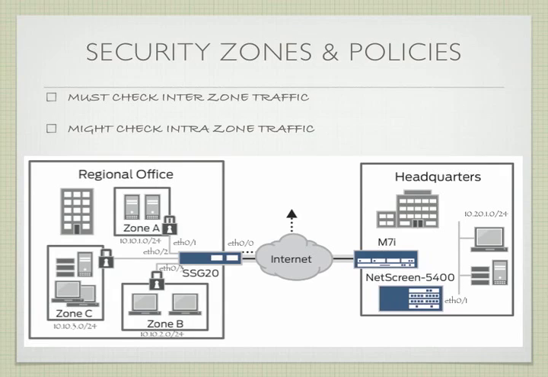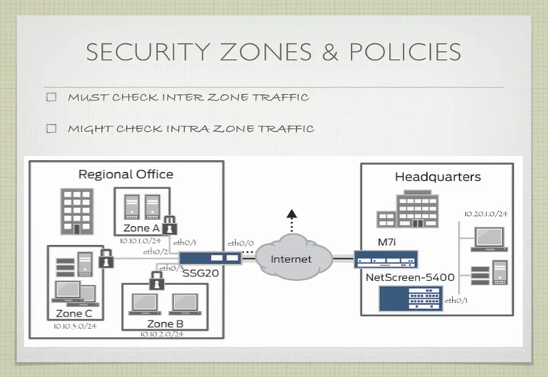If the traffic is going through the firewall and is within the same zone, then it might be checked. Intra-zone traffic. Now, the important thing to remember with controlling intra-zone traffic is to remember your rules of Ethernet communications. The firewall can only apply rules to traffic it can see.